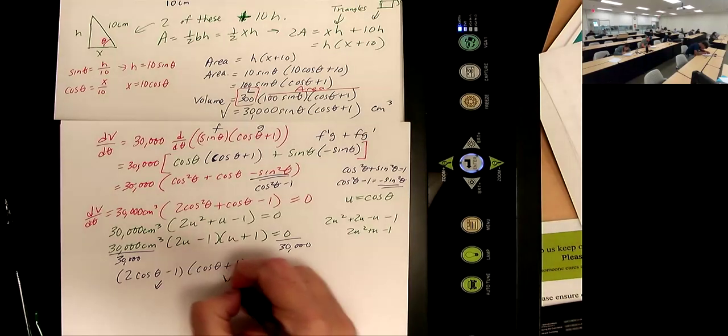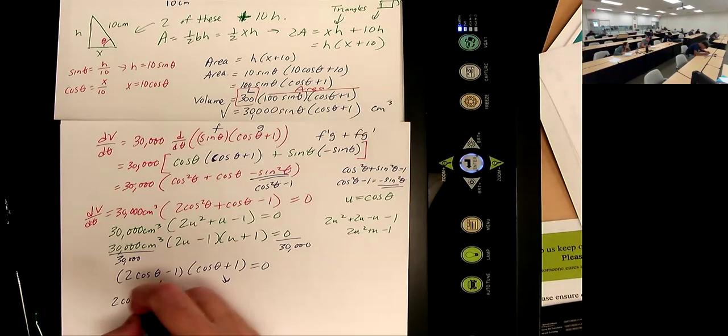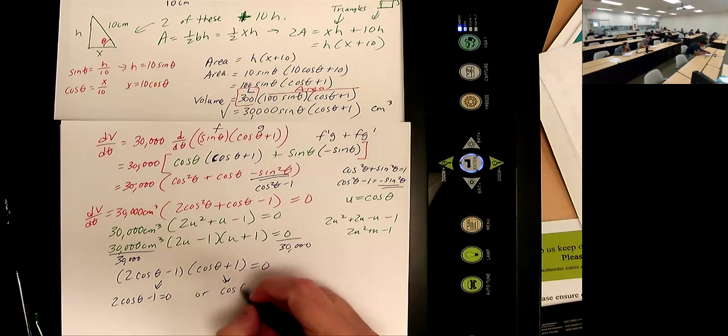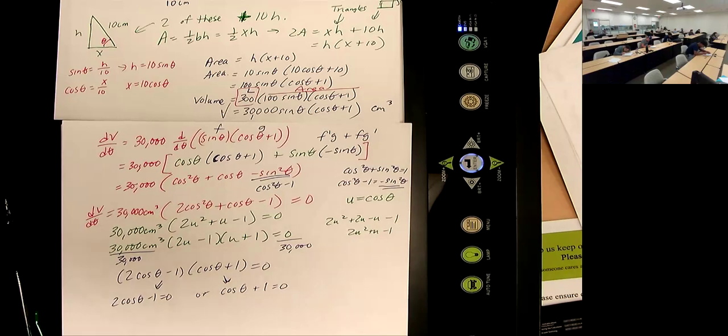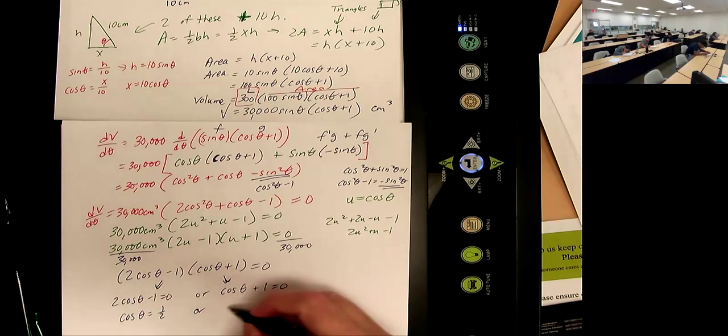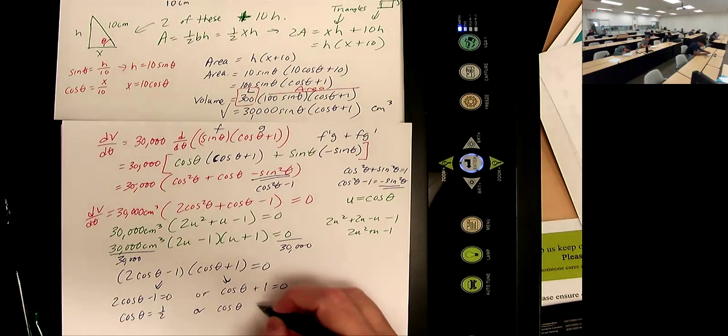You set each of these equal to 0, and I get cosine theta equals 1/2, or cosine theta equals -1.